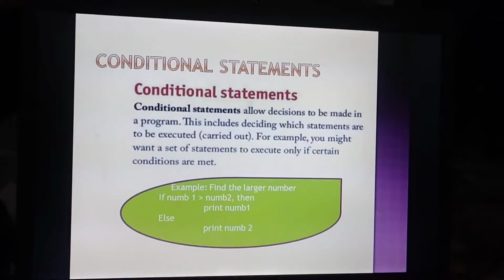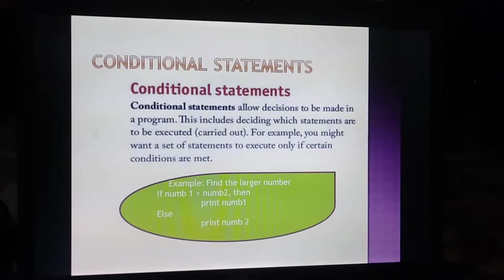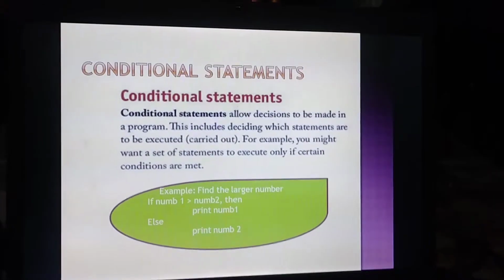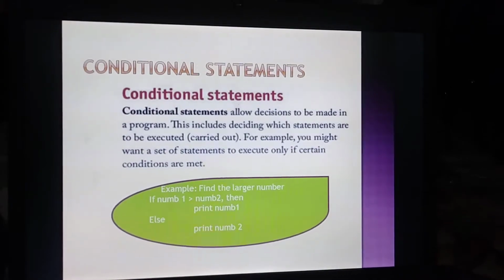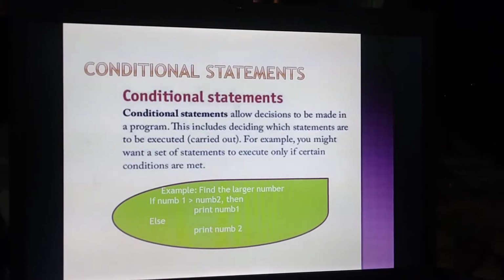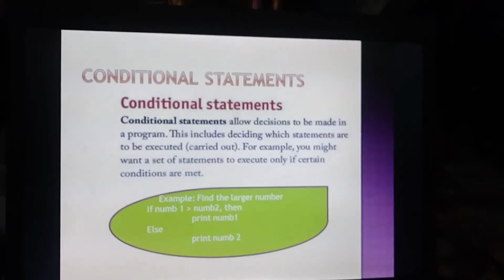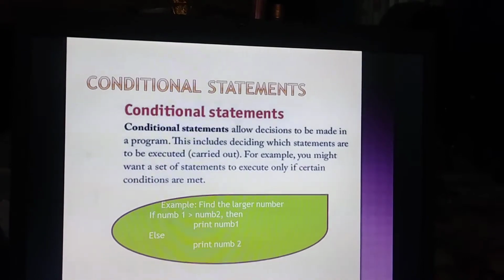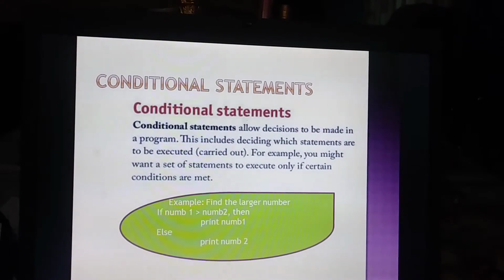Then we have conditional statements. Now, what do we mean by conditional statements? Conditional statements allow decisions to be made in a program. This includes deciding which statements are to be executed, or in other words, to be carried out. For example, you might want a set of statements to execute only if certain conditions are met.